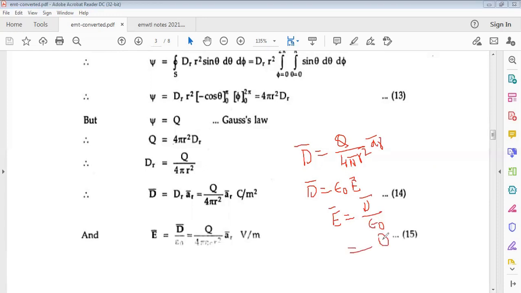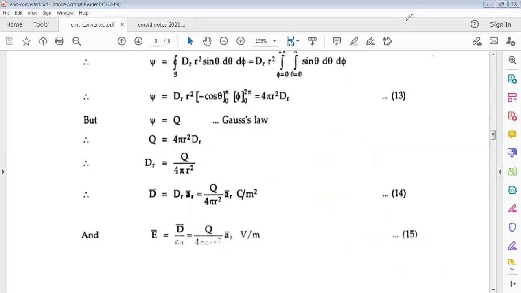The D̄ is Q by 4π r², so Ē is Q by 4π ε₀ r² into r̄. Got it, my dear students? Understood? This is the point charge electric field intensity and the point charge electric flux density formulas.